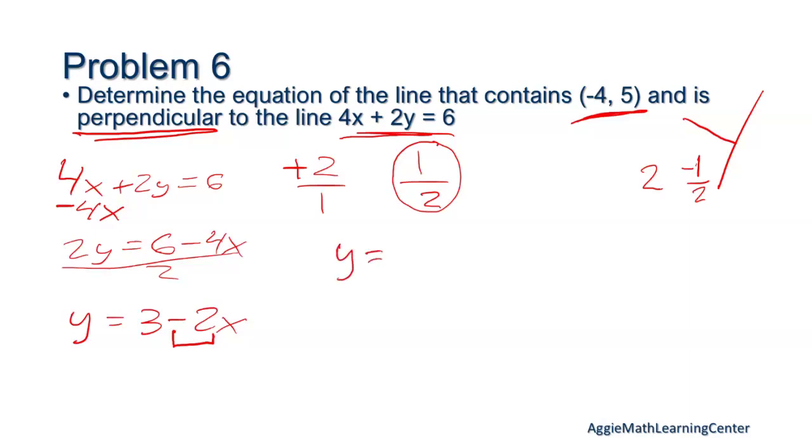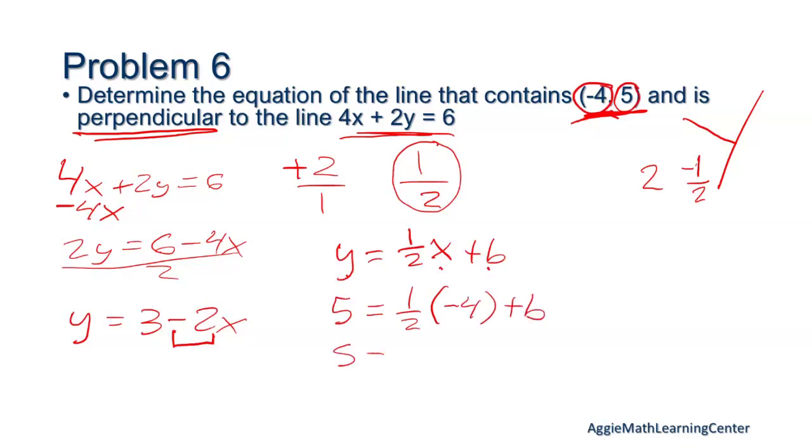So y equals m, which we found was 1/2, x plus b. And then we have 3 variables in here, and we want to find 1. So we can just put this point in to find what b is. So our y in here is 5. So 5 equals 1/2 times this -4 plus b.